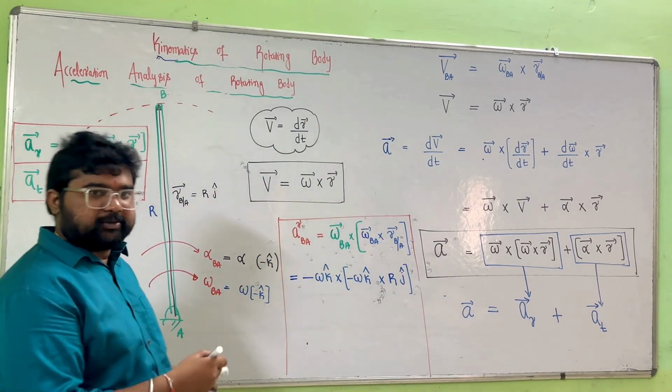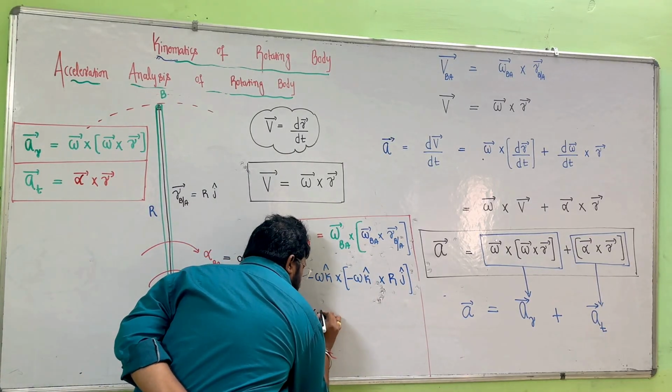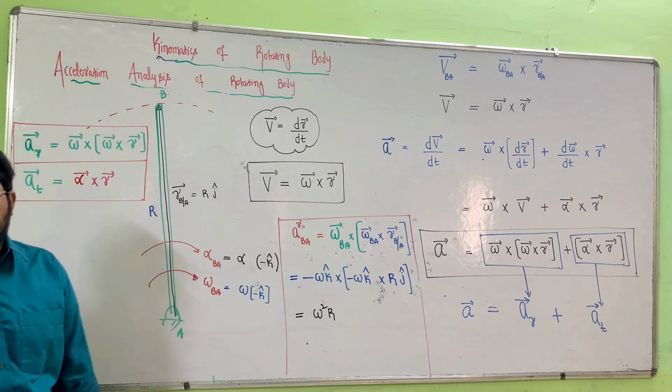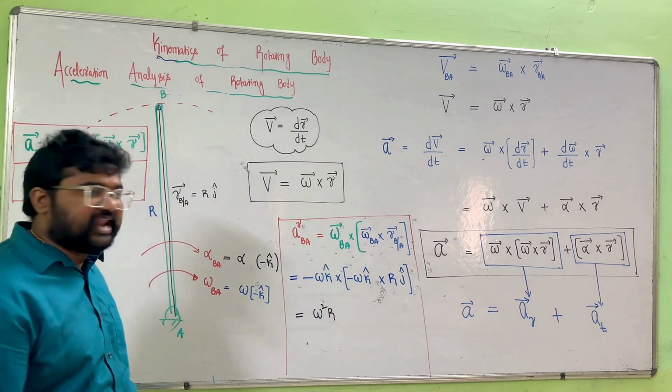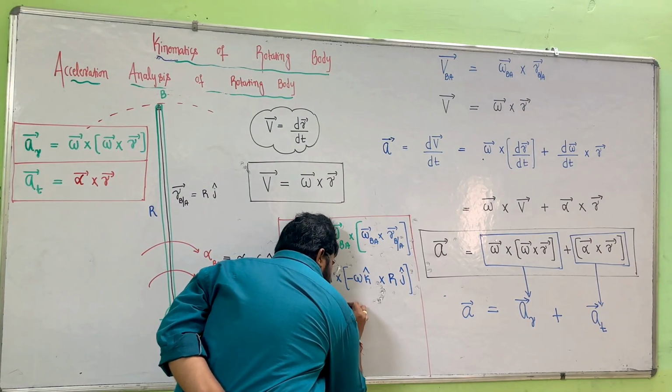Minus into minus is plus. Then what will you get? Take magnitude: omega square R. Is it matching with the magnitude of radial acceleration? Now tell me the direction.